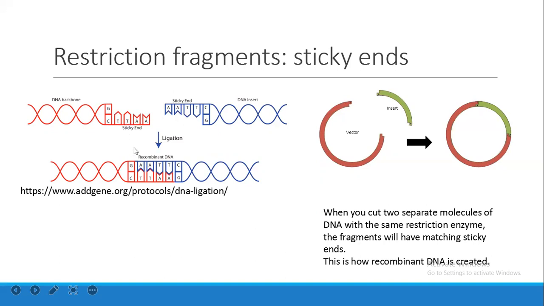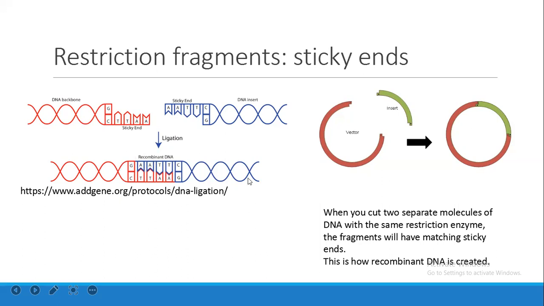Both sticky ends come together and bind with each other because they have complementary nucleotide sequences: AATT has the opposite sequence TTAA. Ligation starts, and then recombinant DNA formation occurs.